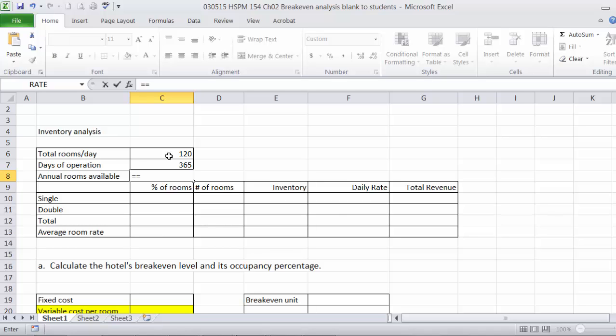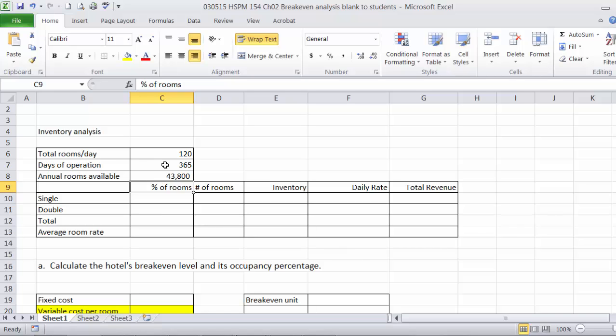Enter a formula: total number of rooms times days of operation. So year round, how many rooms do you have? 46,800 rooms.